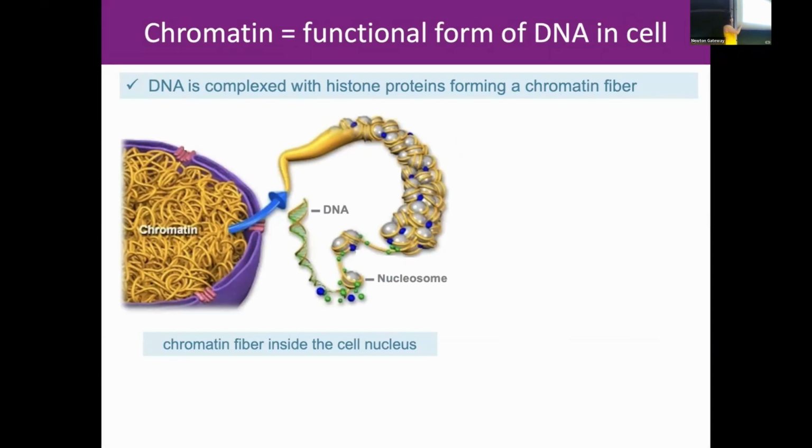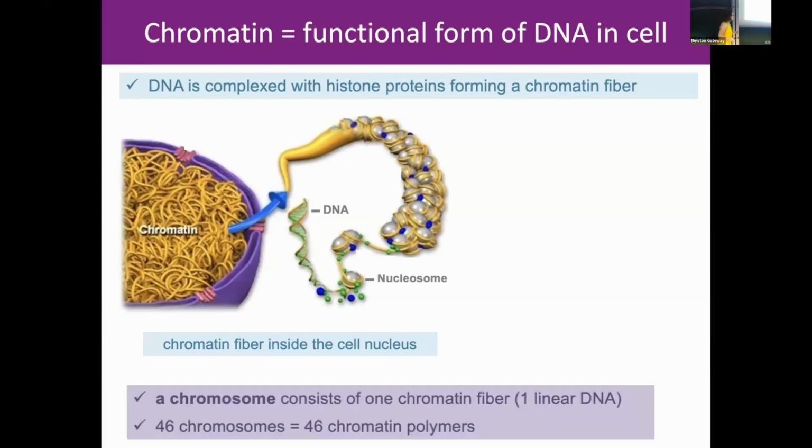So those are these spaghettis here inside of my cell nucleus in this cartoon. You all remember from high school biology that as humans, we have 23 pairs of chromosomes. So what does it mean within this picture? That means that you have 46 polymers, so 46 of these spaghettis inside of the nucleus.